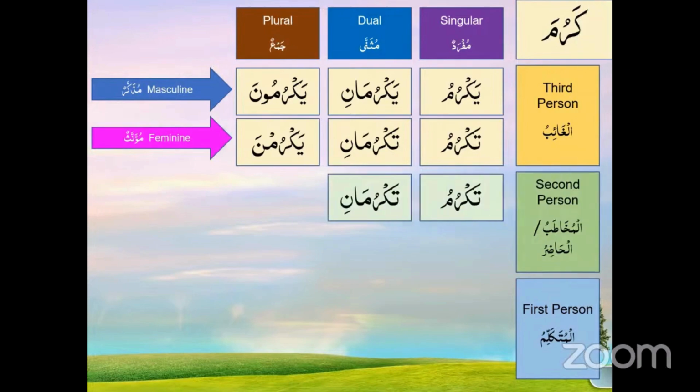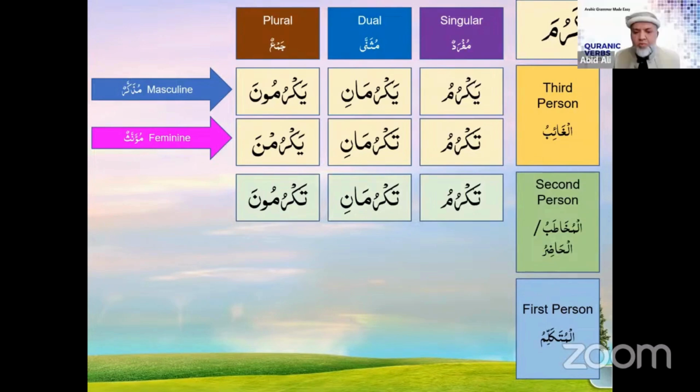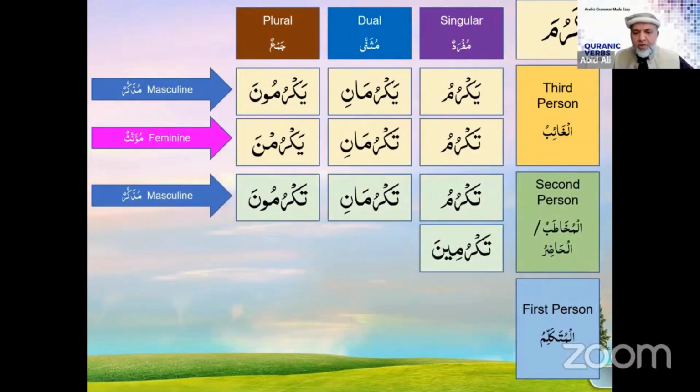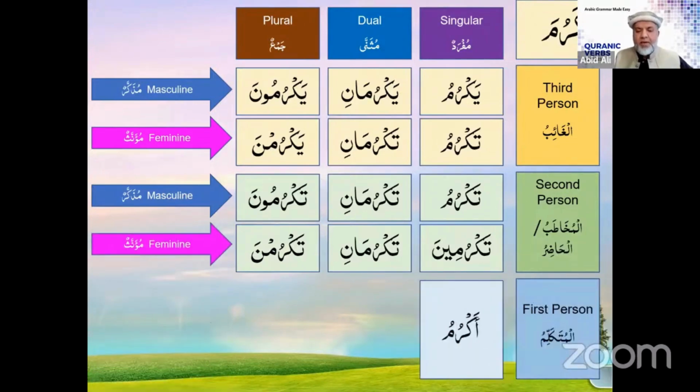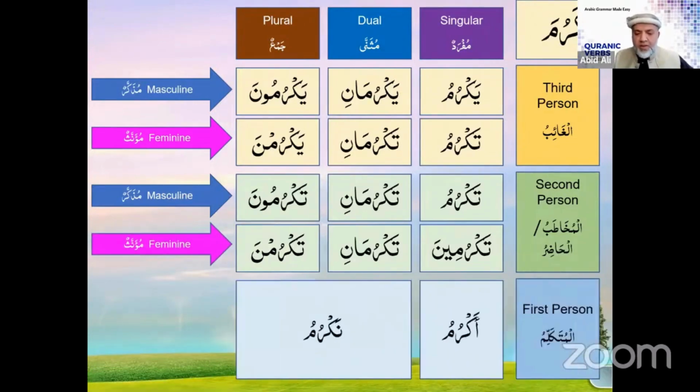Takrumu, takrumani, takrumuna, takrumina, takrumani, takrumna. Okay, akrumu, nakrumu. So again, if you don't pay too much attention to the feminine, the rest of them, you will understand that he gave respect. Karuma was, he respected, he honored. Karuma is to show ikram to someone.